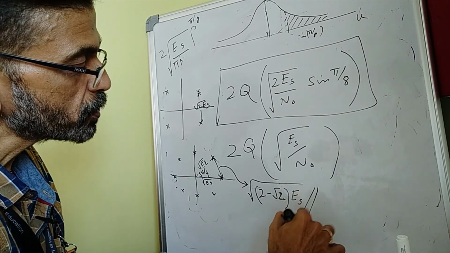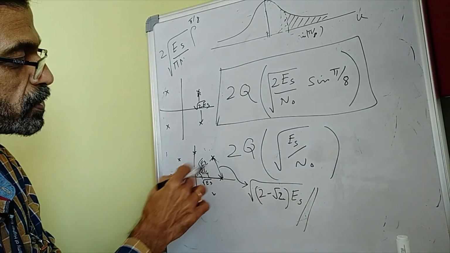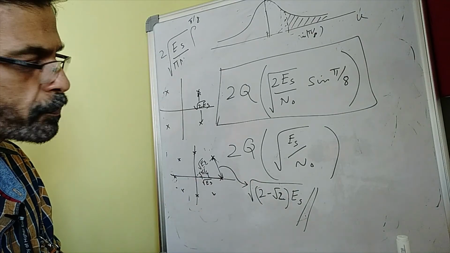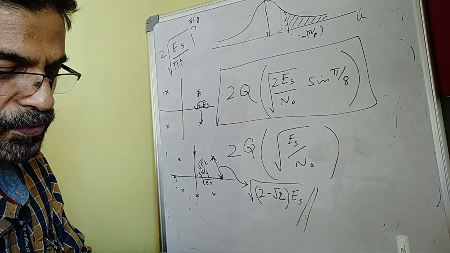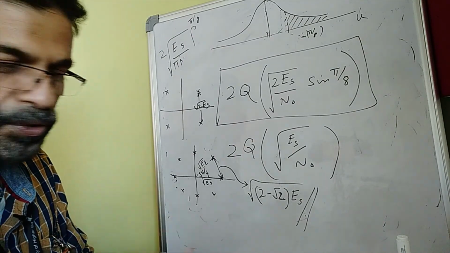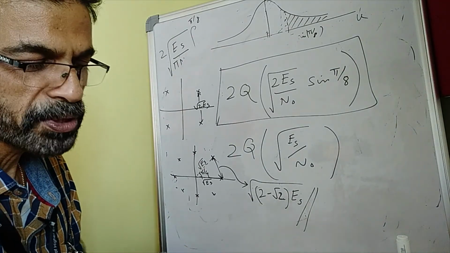You can derive this. It's simple trigonometry, you'll get the result. We call this the minimum distance, the shortest distance between adjacent symbols.